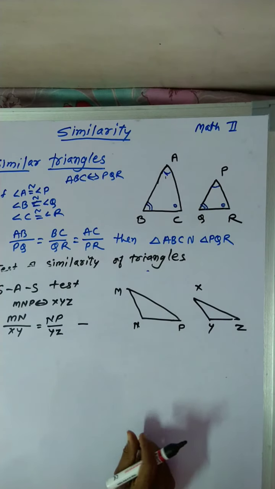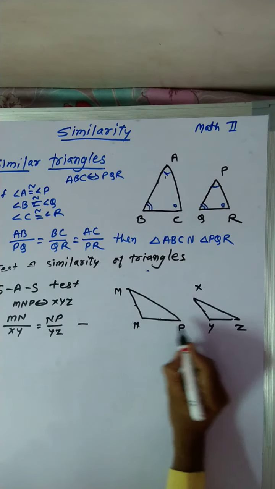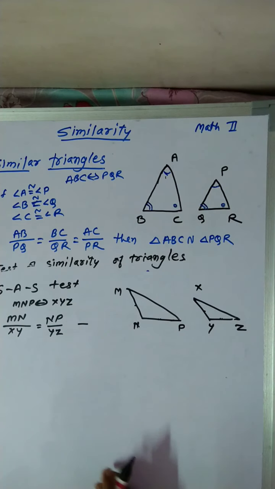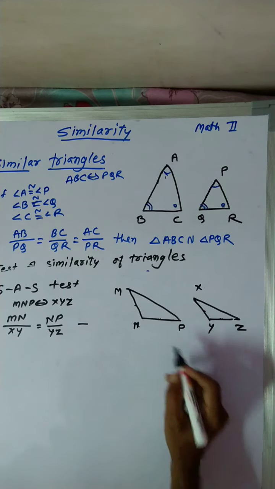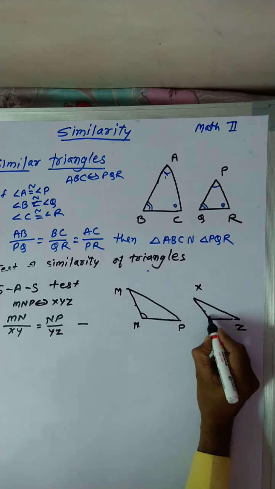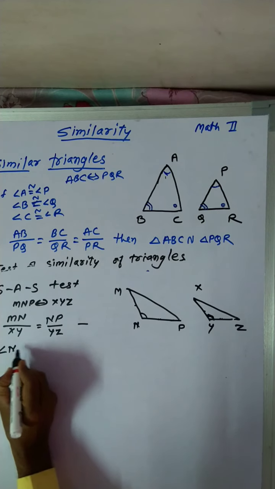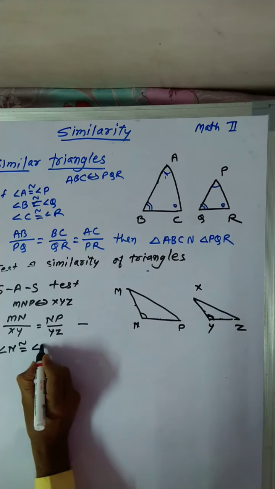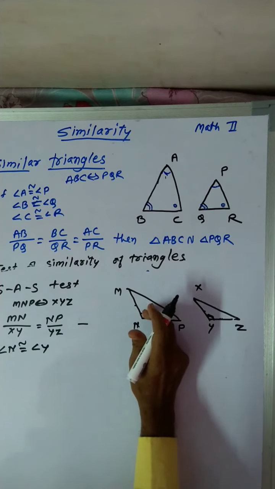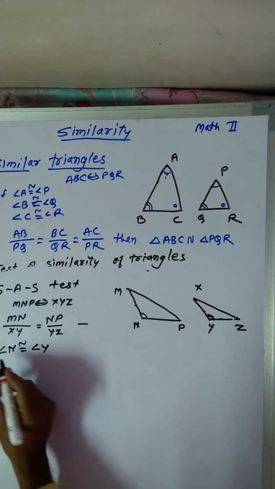That is, first the corresponding sides are given in proportion, and the angle between those sides, that means angle N congruent to angle Y is given. That means two sides and the angle between them, that is called the SAS test.